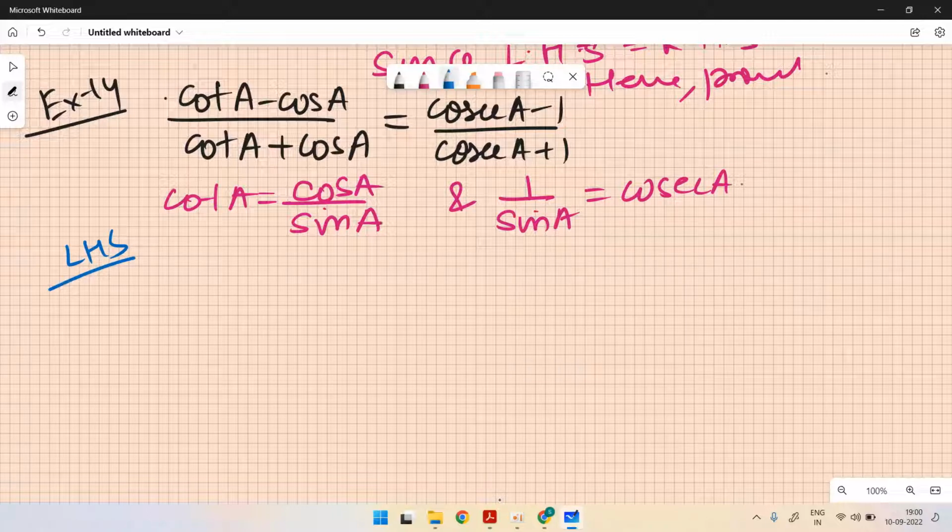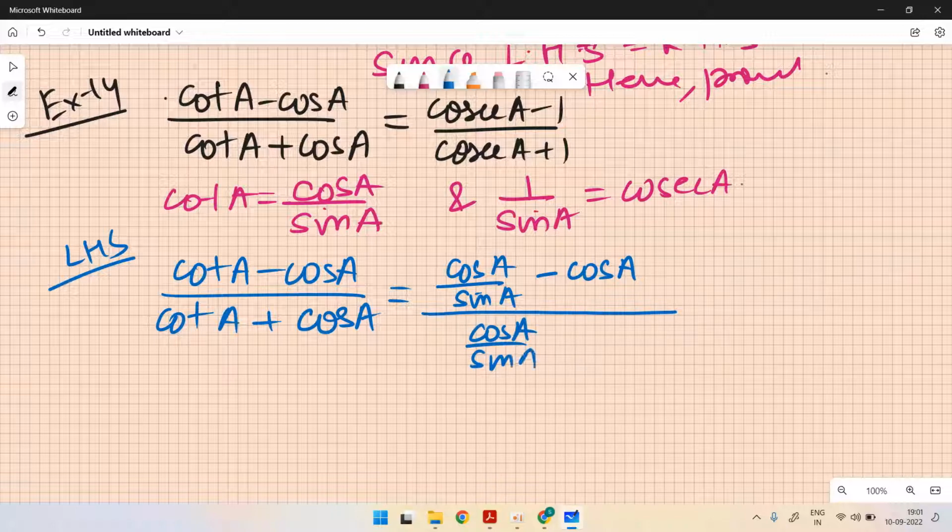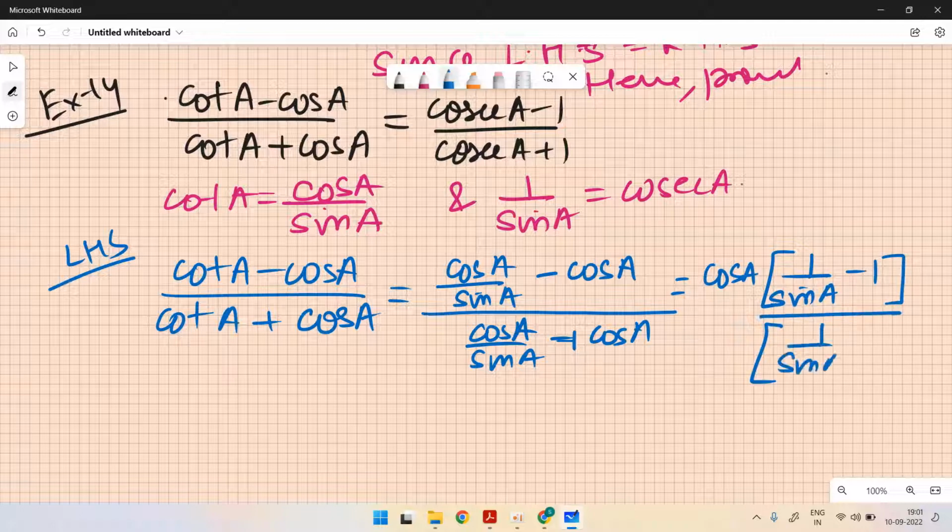So the LHS expression is cot A minus cos A by cot A plus cos A. In place of cot I will write cos A by sine A, so it is cos A by sine A minus cos A by cos A by sine A plus cos A. If I take cos A common from numerator and denominator, this becomes 1 by sine A minus 1 by 1 by sine A plus 1, and the cos A cancels.